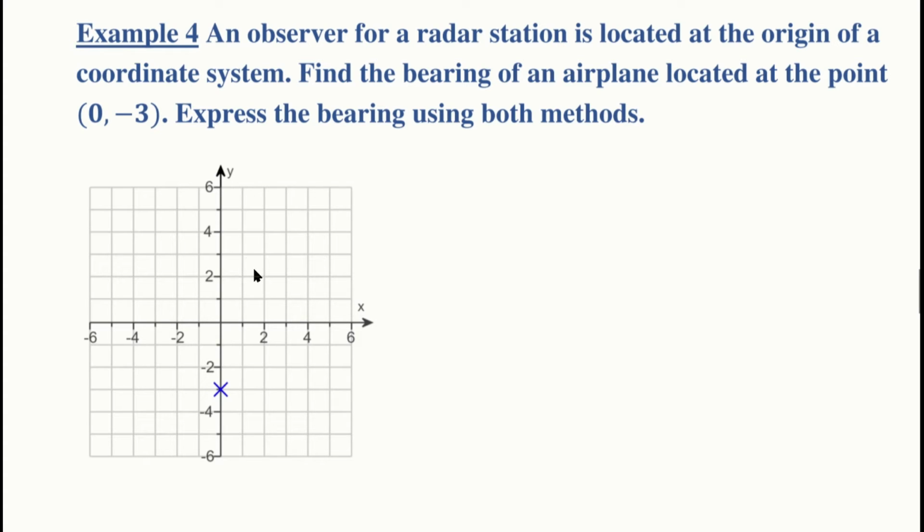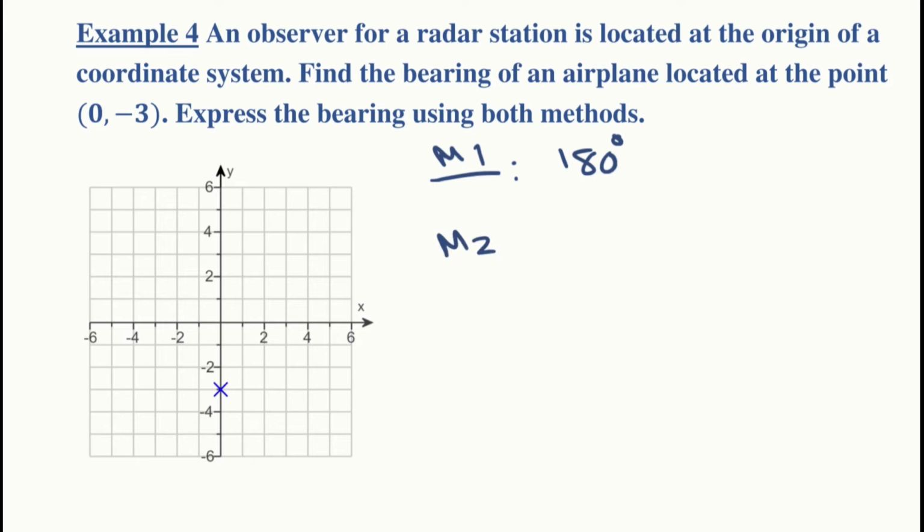Like this, that's 90, and then 90 more, 180. So basically, we're looking at a simple 180 degree bearing using that notation. So method 1, we just do 180 degrees.